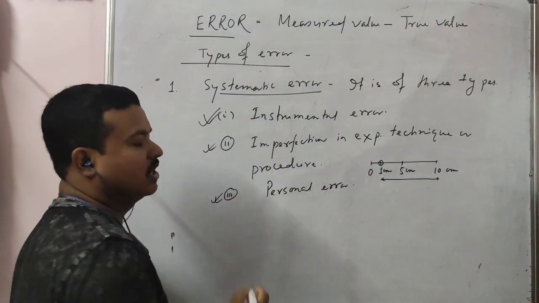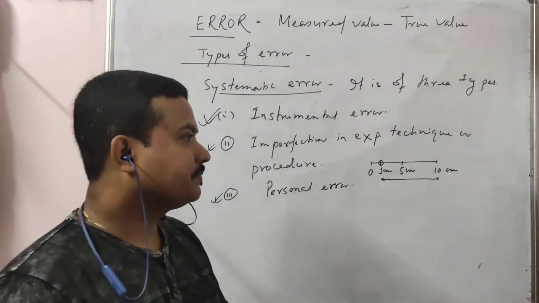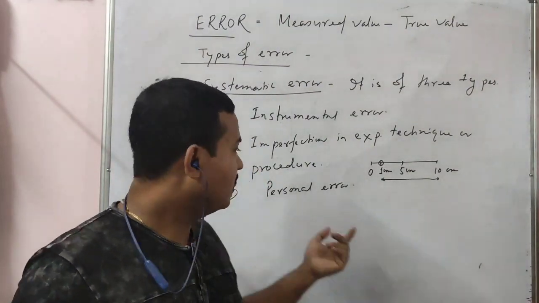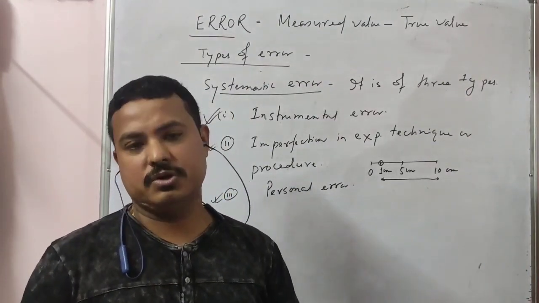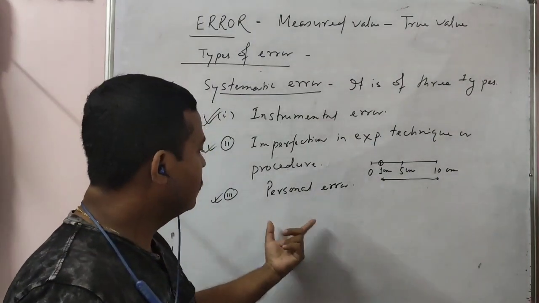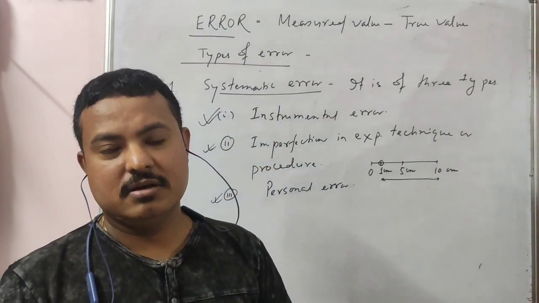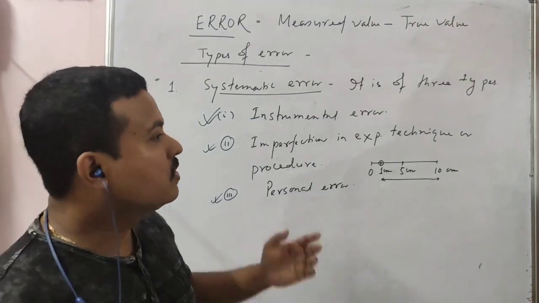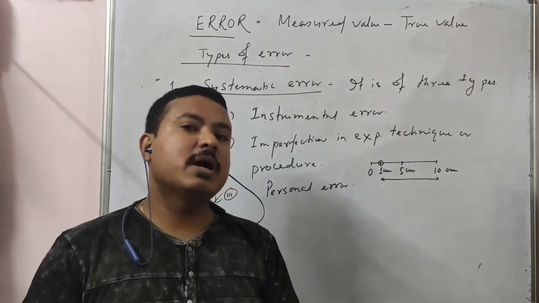And the last one is personal error. Now this personal error, it is because of what? It is simply personal bias, you can say, that depends on the individuals. So why do these personal errors occur? It occurs because of carelessness of the person, because of lack of proper setting of the apparatus.